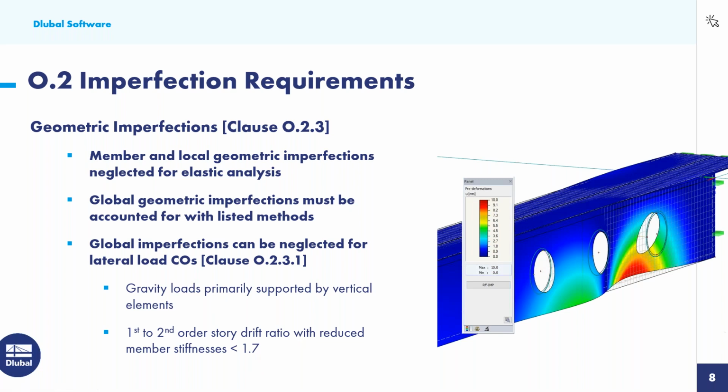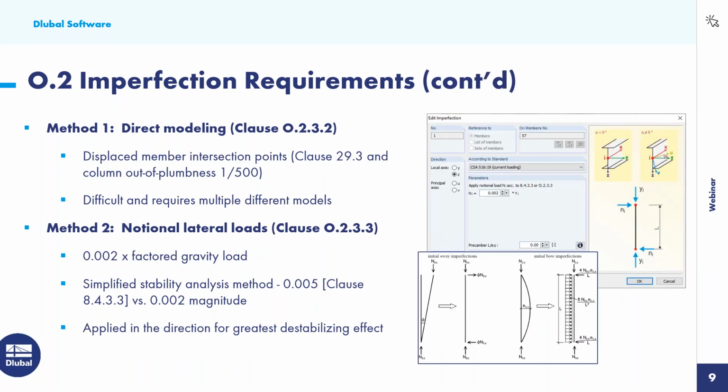Now, let's say that we don't necessarily meet this criteria and we actually do need to apply the global imperfections. Well, there are one of two methods given again within clause O.2, and the first is direct modeling. This tells us that we must actually physically displace the member intersection points to account for these imperfections.